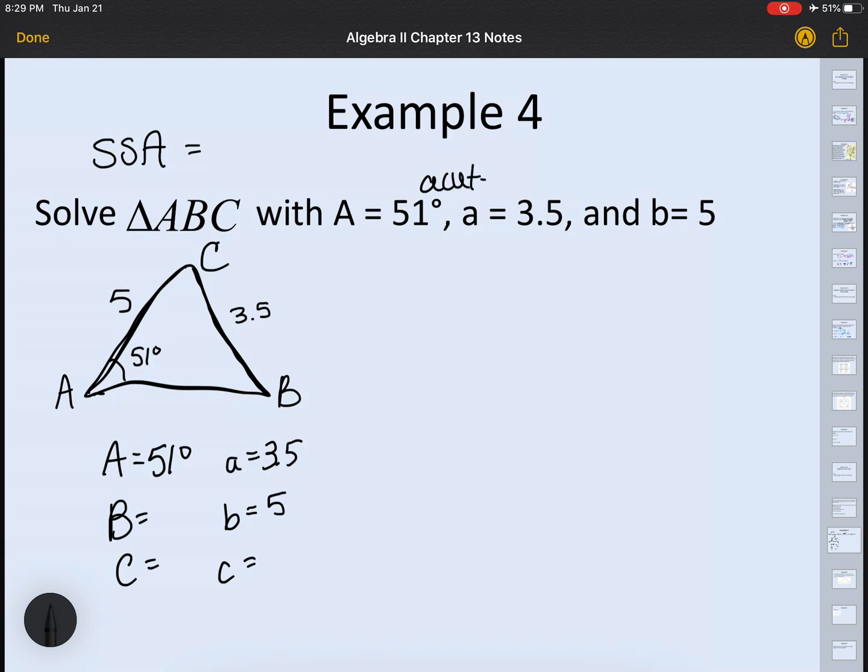Okay. So if we compare it up above with our chart, well, A is less than B. And if we try to figure out what the height is, remember the height of the triangle is B sine A. So in this case our little b is 5 sine of angle A, which is 51 degrees.